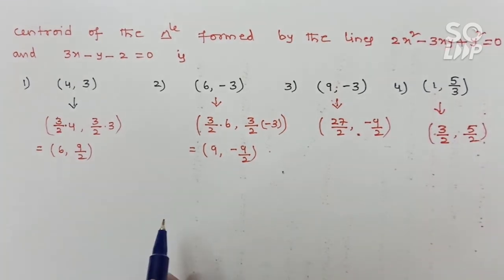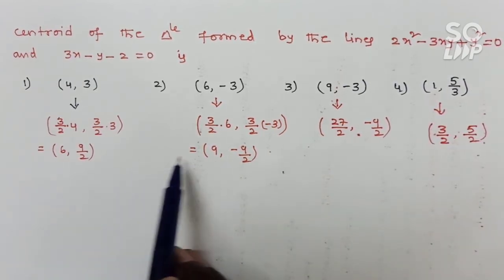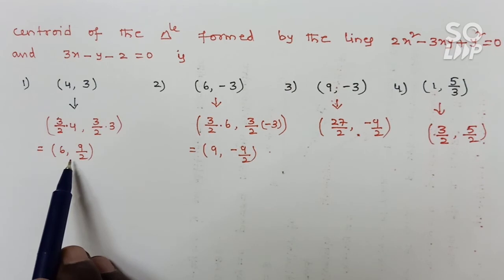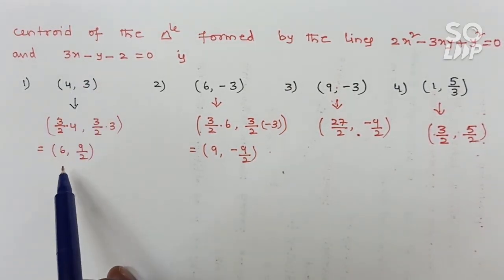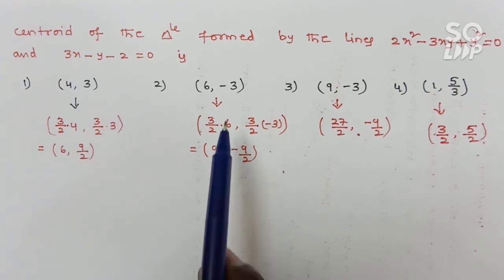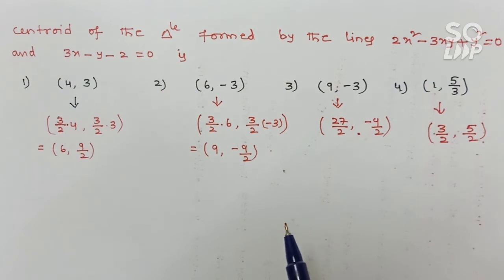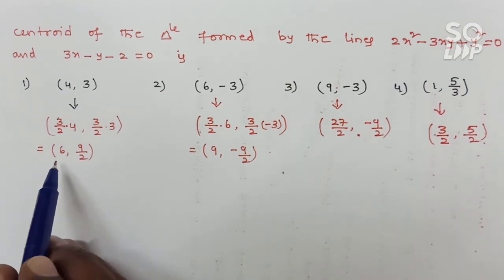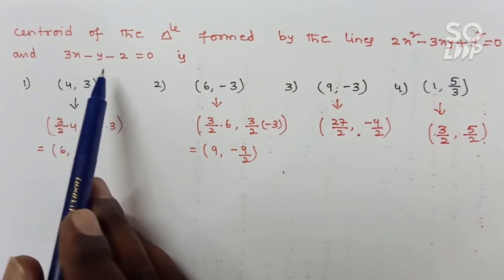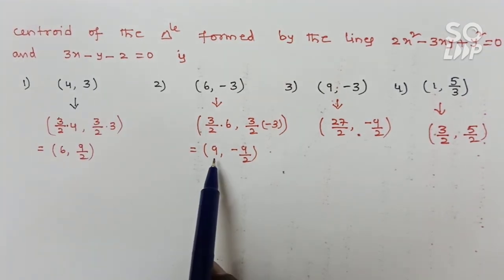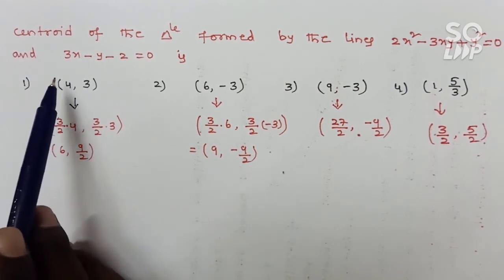Okay. Now we have the midpoints of the third side. Substitute one by one all these points in the third side. Whichever point satisfies, the corresponding point will be the centroid of the triangle, right? Now this one, (6, 9/2), if you substitute, will not be satisfied. (9, −9/2) also will not satisfy.